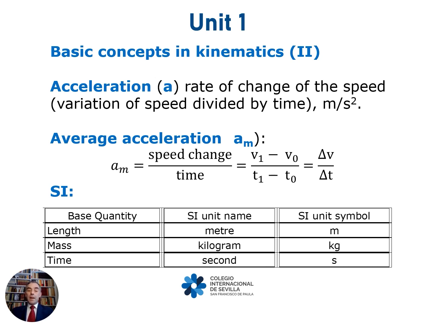The base unit for mass is the kilogram, and it is represented by a lowercase k and lowercase g, not uppercase K, lowercase k, lowercase g. And the basic unit for time is the second, lowercase s, not seg, as you will see wrongly sometimes. It is only s.